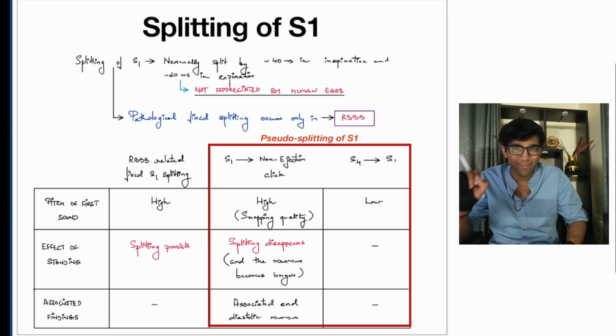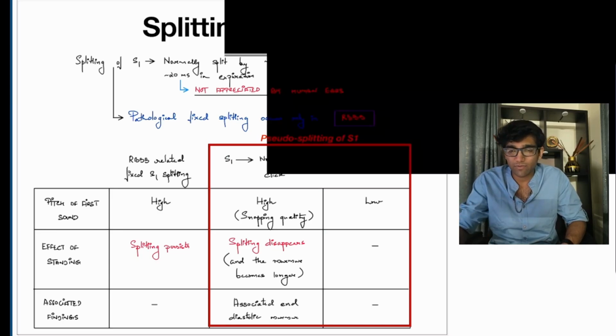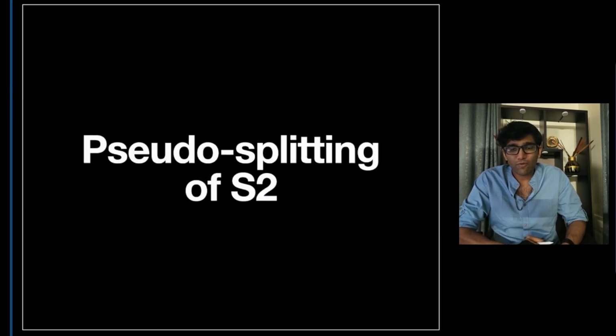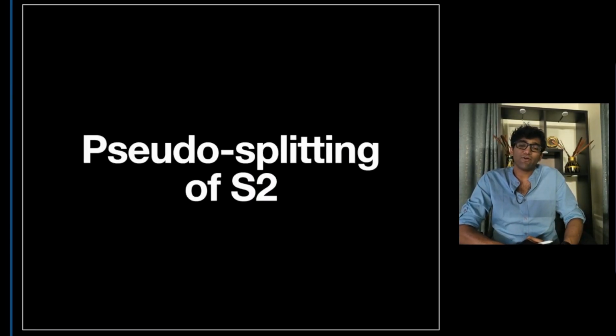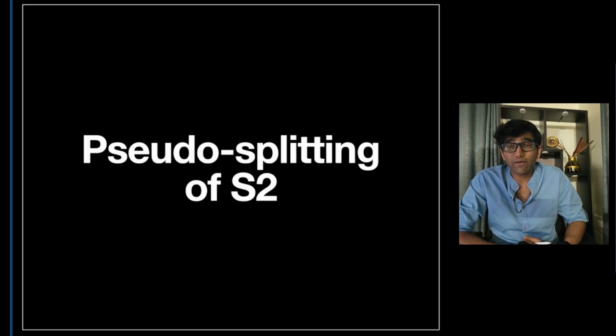It is a little confusing and it requires you to understand both the S1 sounds and the splitting of S2 and the concept of splitting. So please go back to that if you find it difficult to understand. Now the last topic I'll be talking about is what we call pseudo splitting of S2. Why do I call it pseudo splitting?